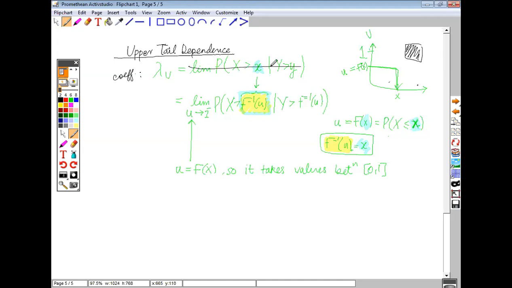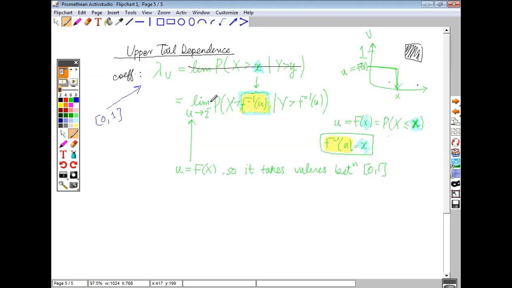So you don't take this into consideration, you take this into consideration. This is a limit for my u here, and for some probability. So we are talking about what happens to this probability in the limit. But I know that my probability can only take values between 0 and 1. So this coefficient of upper tail dependence, lambda u, will only take values between 0 and 1, because we're talking about a probability here.